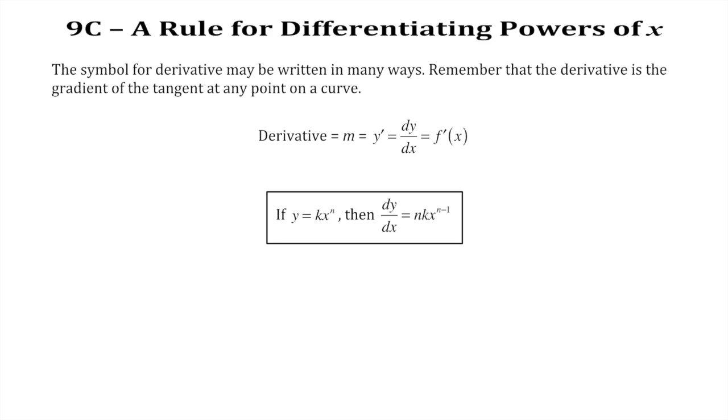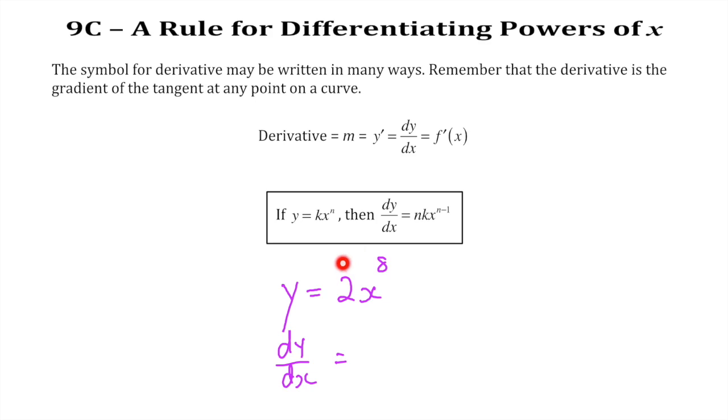Now, if we have y equals something with x's in it and x is raised to a power, the derivative is found by taking the power and timesing it out the front and then decreasing the power by 1. So here's an example. If I had y equals 2x to the power of, say, 8, dy over dx would equal, n is now the power 8.